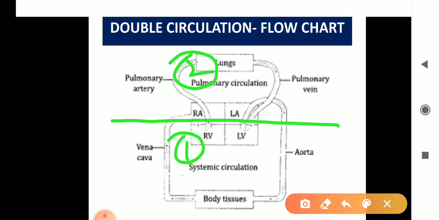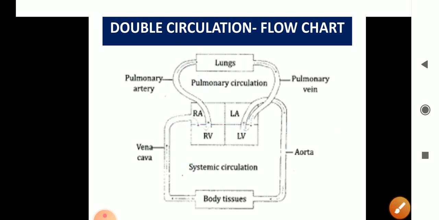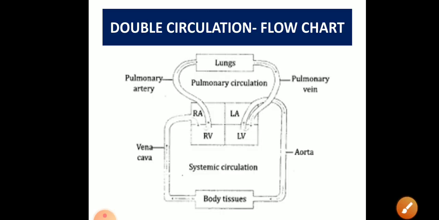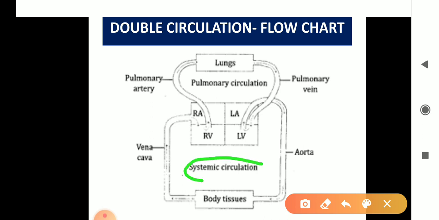Now see, one by one, what is systemic circulation? This systemic circulation is maintained by the left ventricle. We send the blood into the aorta, from left ventricle to aorta.